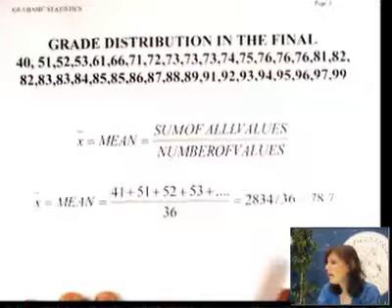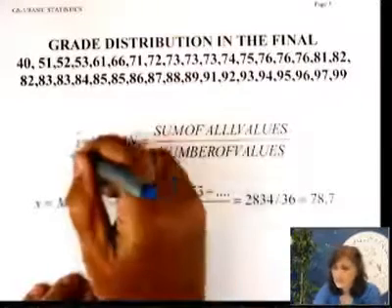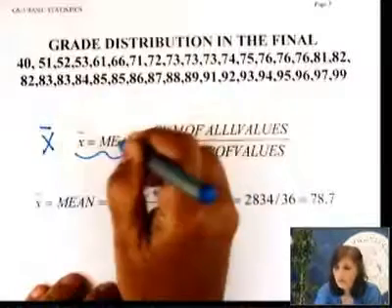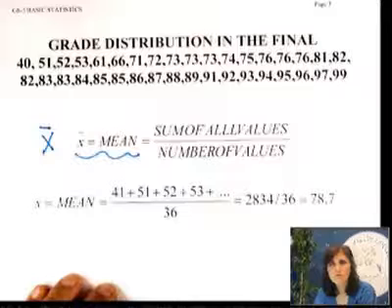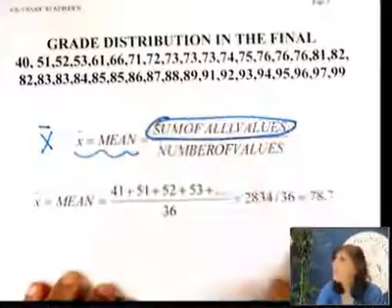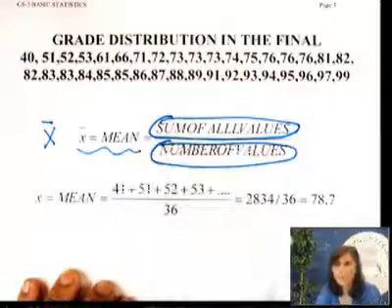If we're talking about the center, one way to measure the center of data is the mean, and we usually show it with x-bar. We can also use the words arithmetic mean. It is the sum of all the values, in this case the sum of the grades, divided by the number of grades.